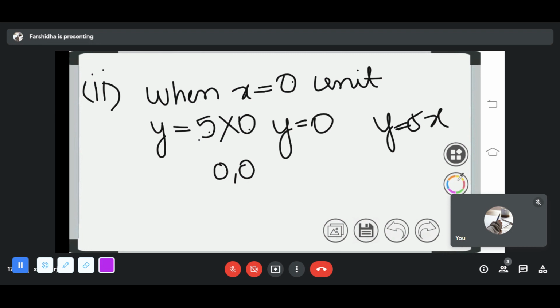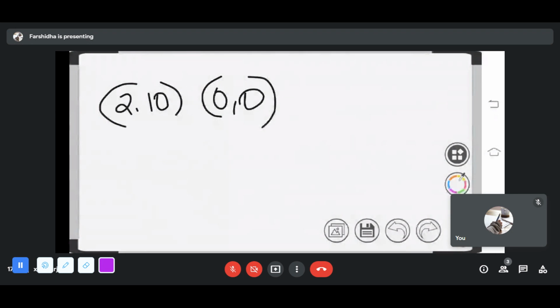Now you got zero. This question is easy, because in the question they told work done is directly proportional to the distance. So first of all, you wrote work done is directly proportional to the distance.